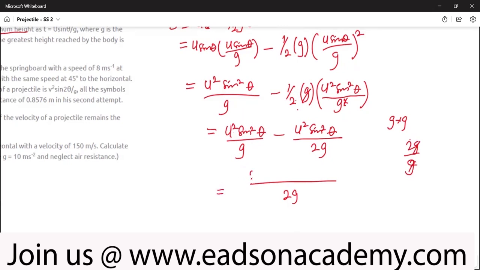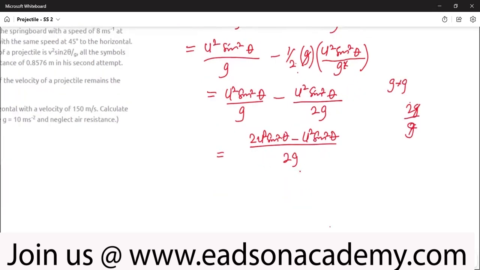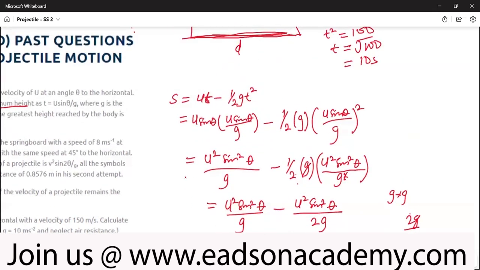That gives me 2u squared sine squared theta minus 2g divided by 2g is 1, and 1 times u squared sine squared theta is u squared sine squared theta. 2 minus 1 is of course 1. Then this is u squared sine squared theta over 2g, which is what they asked us to prove.